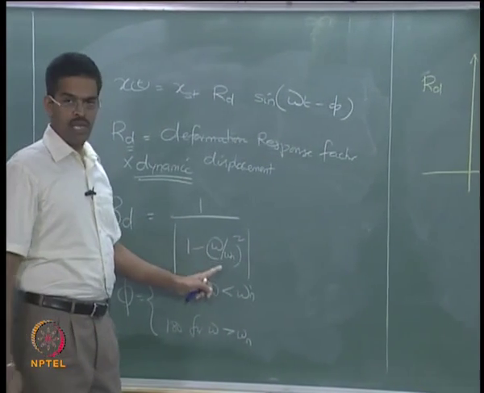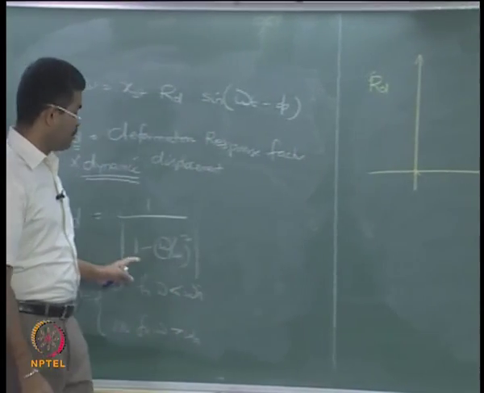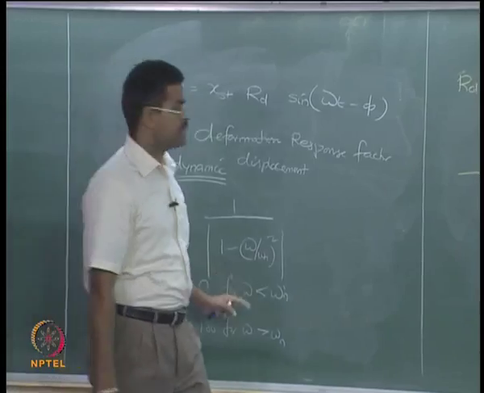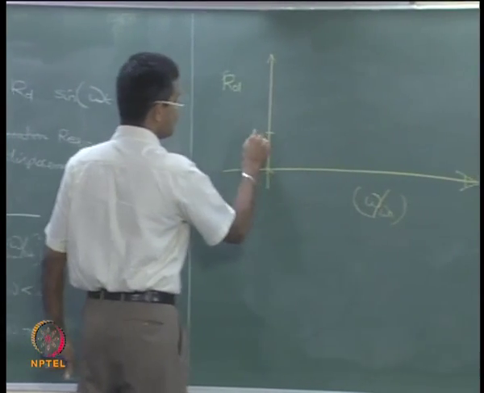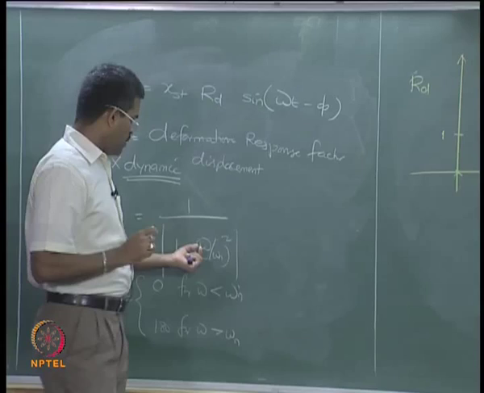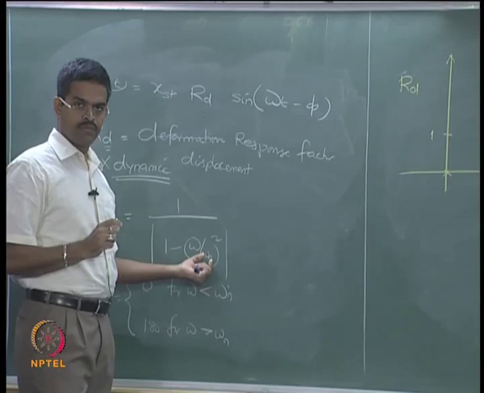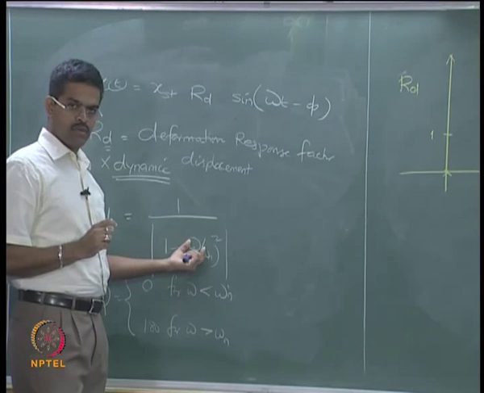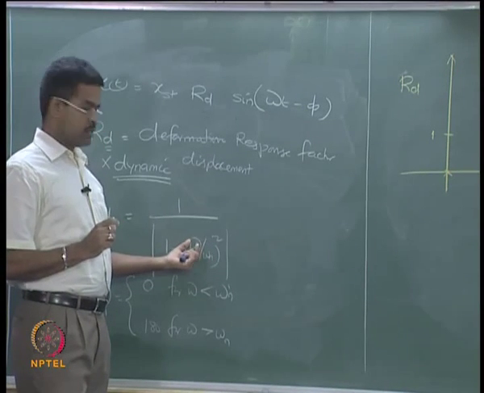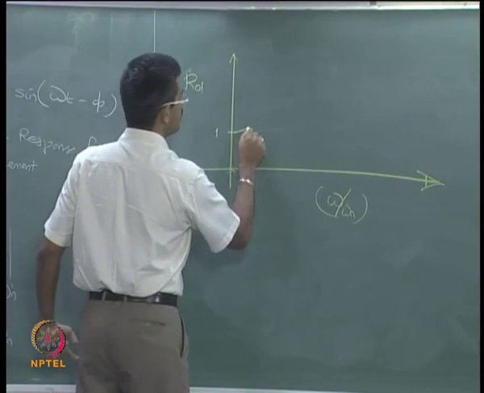For this ratio remaining 0, Rd will still be 1, okay, start from here. For a lower value of omega compared to omega n, for any increase in omega, the denominator will keep on decreasing, therefore Rd will keep on increasing.